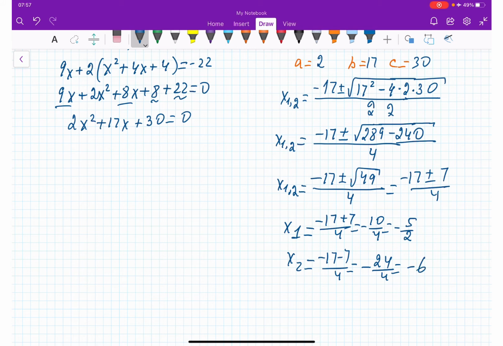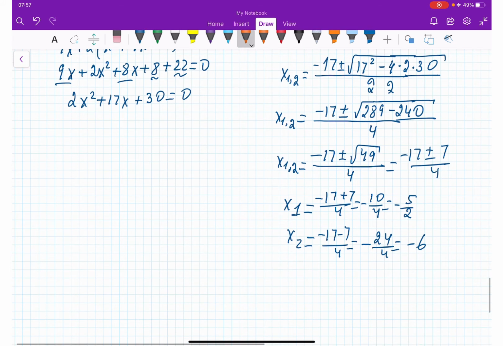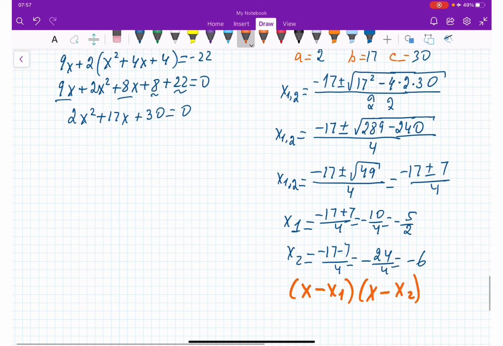So, following Vieta, we can break it down. It says x minus x1, x minus x2. This is Vieta's rule, which means I'm going to do x minus x1, and I have negative 5 over 2, so it's going to be plus 5 over 2, and then times x minus negative 6, it's going to be plus 6 equals 0, right?